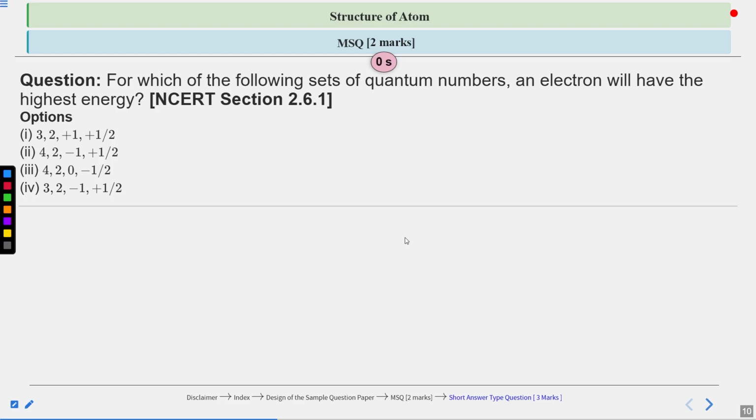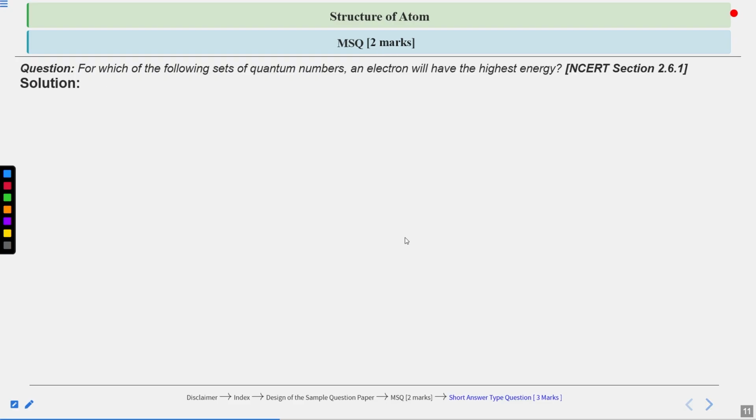So let us see. This is a question from NCERT section 2.6.1, which includes the filling up of electrons and the energy determination of electrons. Now, if you calculate the n plus l value, then n value is 3, l value is 2. It is given.